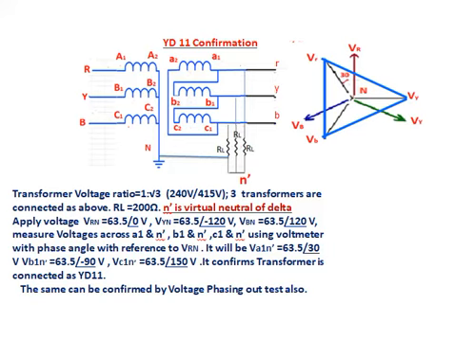Now see here, on the right side, the transformation vector is given. VRN, VYN, VBN is the primary system, and VRN, VYN, VBN is the secondary system. This VRN of the secondary is leading VRN of the primary system. So we are calling this YD11.